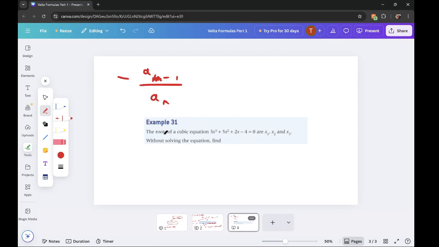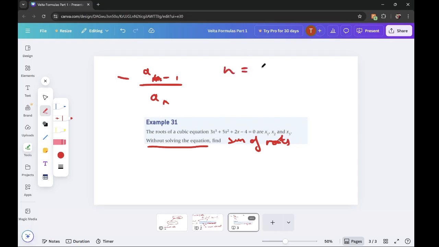The roots are x1, x2, and x3. Without solving the equation, find the sum of roots. They've asked us to find the sum of roots, so we have to apply this Vieta formula. They specifically state in the question to not solve the equation, so you cannot use your calculator either.